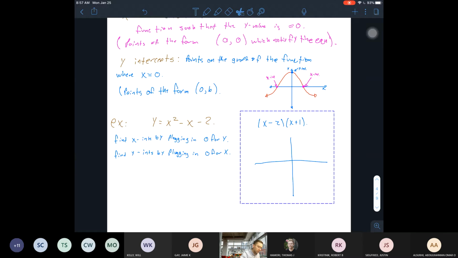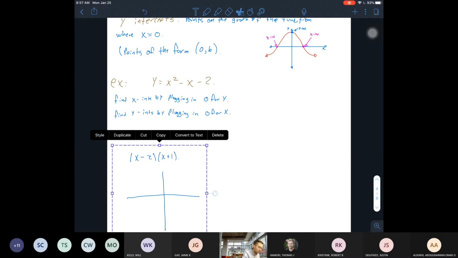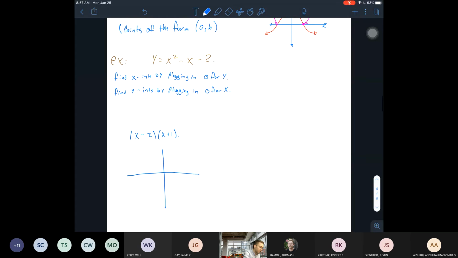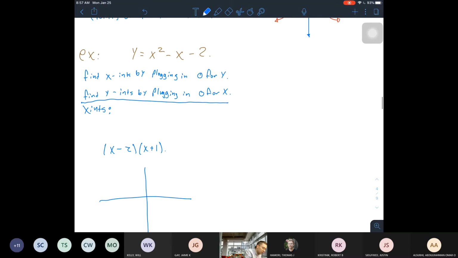So if we do the first option, to find the X-intercepts, we would plug in 0 for y, and we would get 0 equals x squared minus x minus 2. This is a quadratic equation with 0 on one side, so we can solve it either by factoring or by using the quadratic formula.